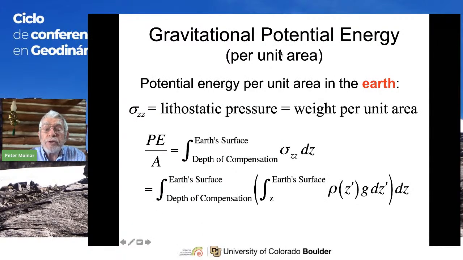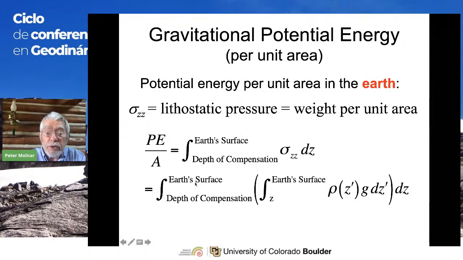So gravitational potential energy, if we go into a continuum, the gravitational potential energy in the Earth, if we take σzz as the lithostatic pressure, the weight per unit area, is that force per unit area integrated over depth, dz, from the depth of compensation to the surface.